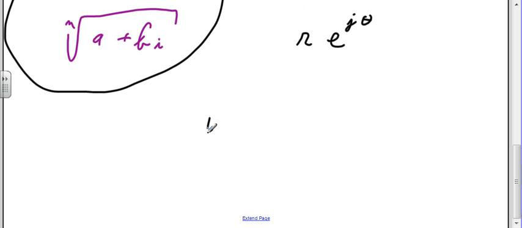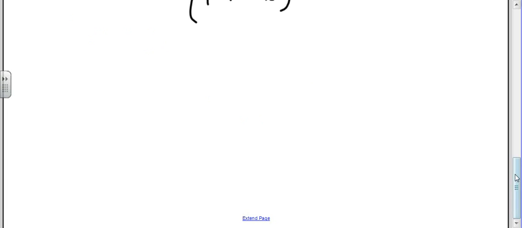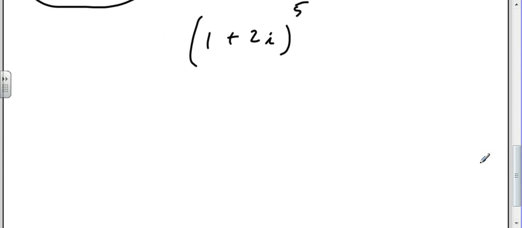But if I had 1 plus 2i raised to the 5th power, then that would be a pain in the backside to try to do manually.